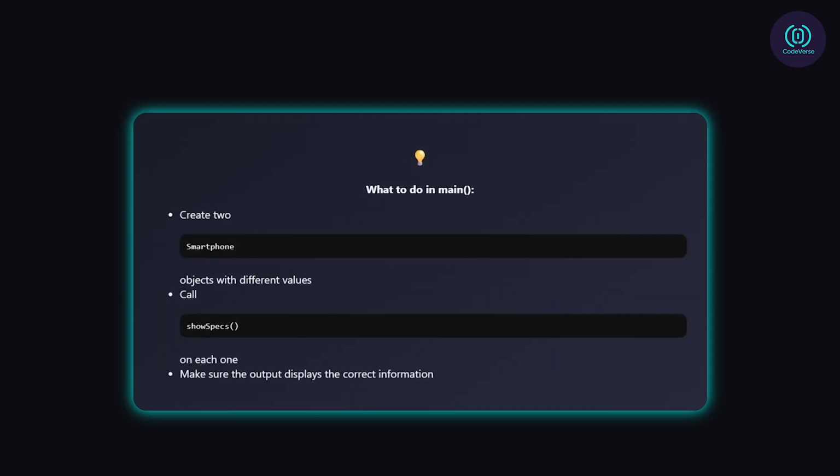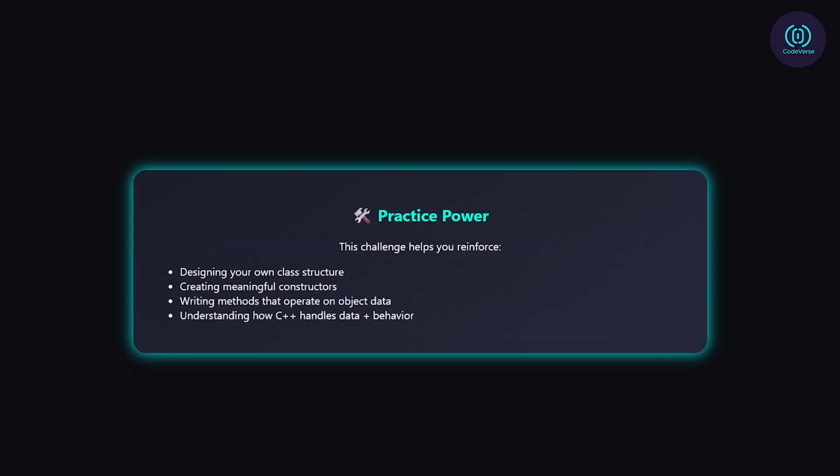What to do in main: create 2 Smartphone objects with different values. Call showSpecs on each one. Make sure the output displays the correct information. This challenge is a great way to practice what you've learned, designing your own class structure, creating meaningful constructors, writing methods that operate on object data, and reinforcing your understanding of how C++ handles data plus behavior.